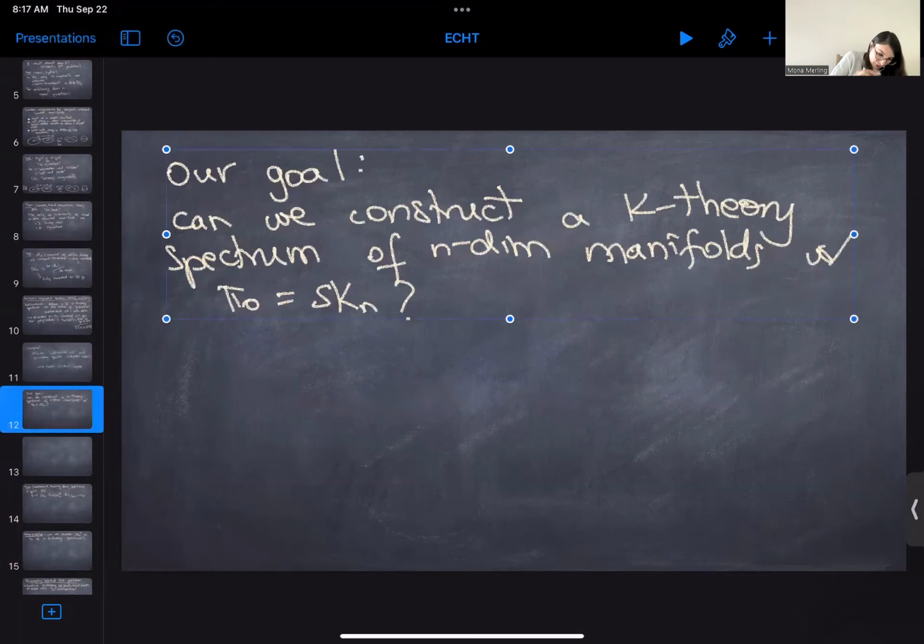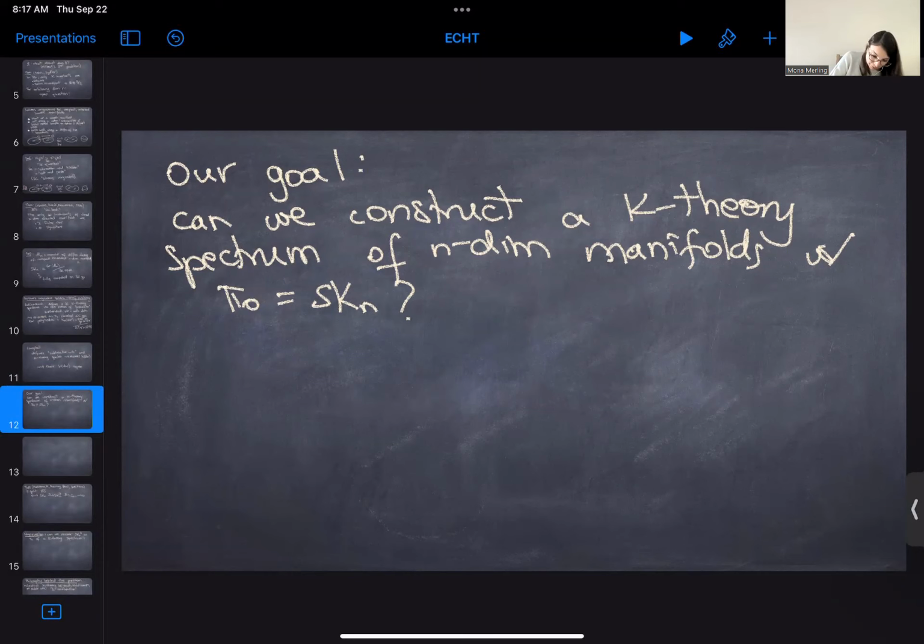Okay, so now our goal in this project, so the question was, can we construct a K-theory spectrum of n-dimensional manifolds that has pi naught, the classical SK_n group? And wondering if we can use some of this machinery to build such a spectrum.